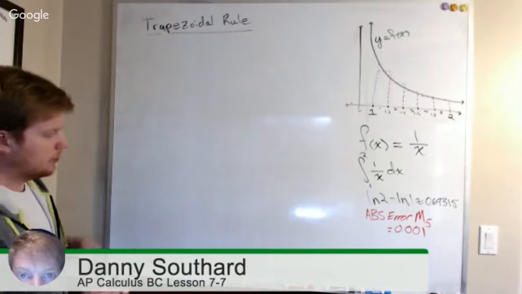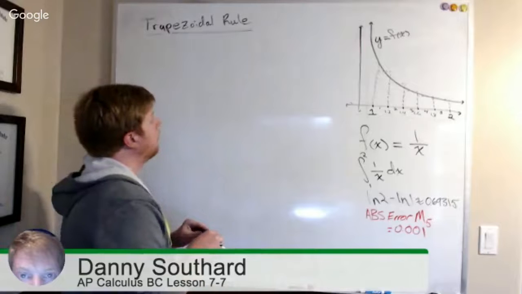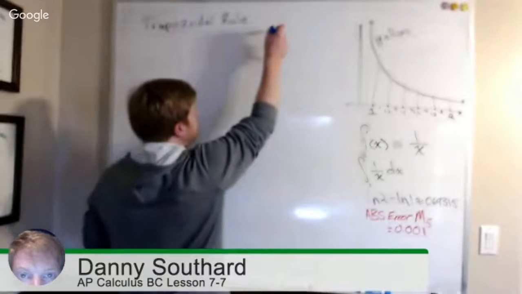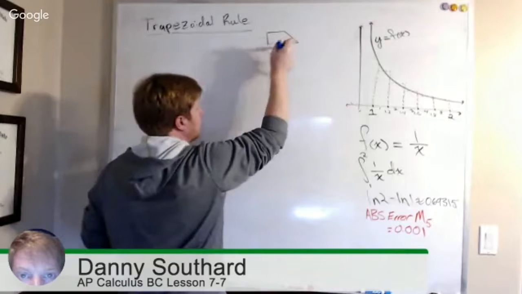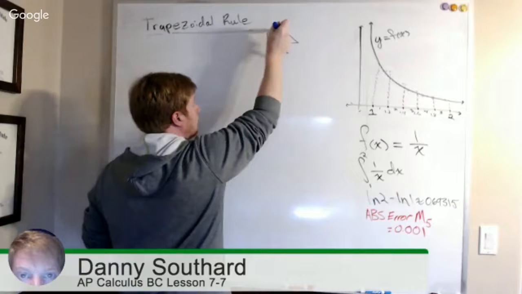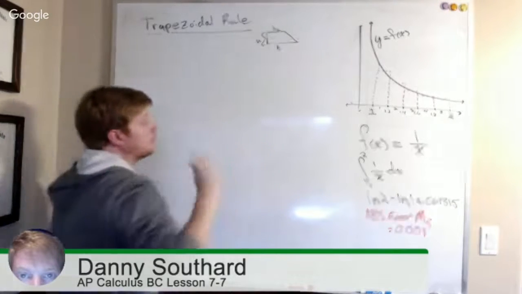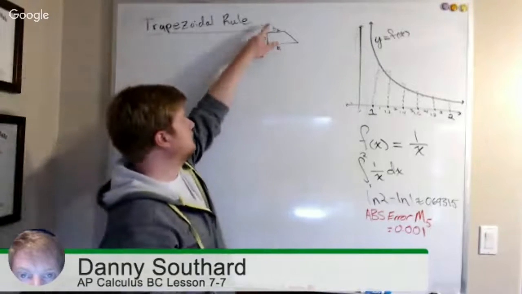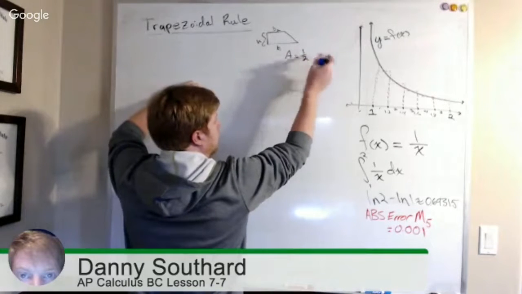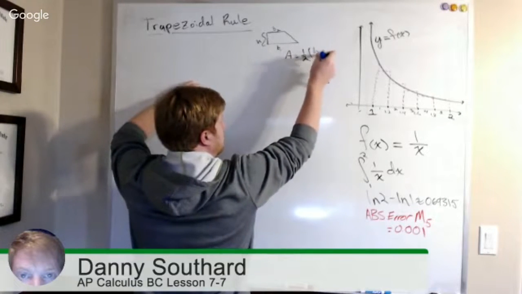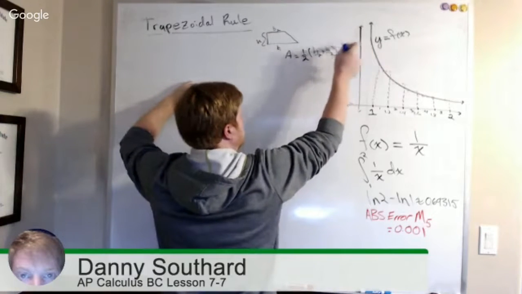All right, so the trapezoidal rule, the first thing that we need to do is remember what the area of a trapezoid is. Right? A trapezoid with two bases and a height has an area equal to 1/2 the sum of the bases times the height.